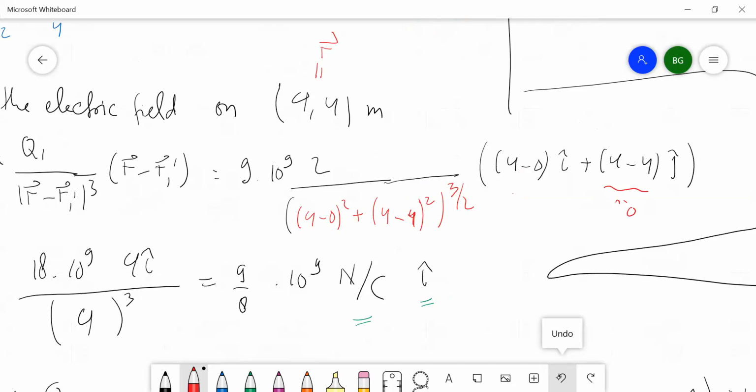Only this one is non-zero. Okay. Any question regarding this one? No. Okay.